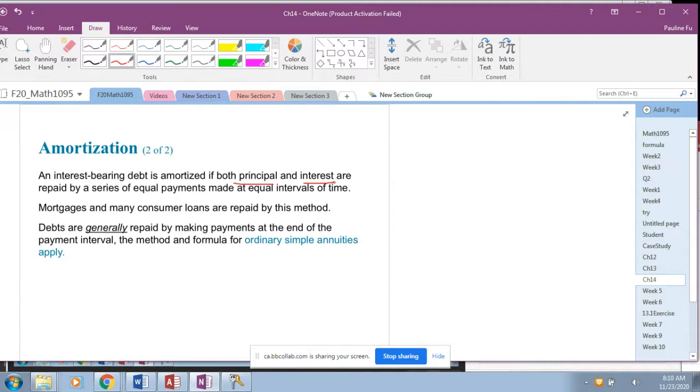As you can see, each month, the principal component and interest component are different. As time goes on, the principal components increased, the interest decreased. So we are going to do detailed calculation each month, exactly how much contribute to principal, how much contribute to the interest.